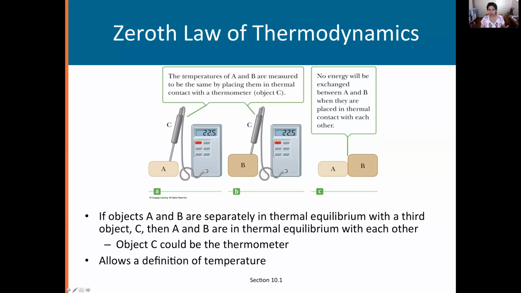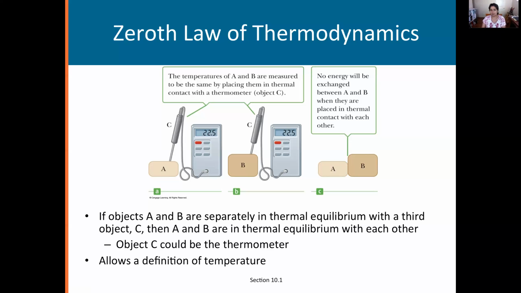This is my zeroth law of thermodynamics. So the zeroth law says that if objects A and B are separately in thermal equilibrium with a third object C, then A and B are in thermal equilibrium with each other. Object C could be a thermometer. Yeah? So this might seem something obvious. It's like saying if A equals C and B equals C, then A equals B. Yeah?